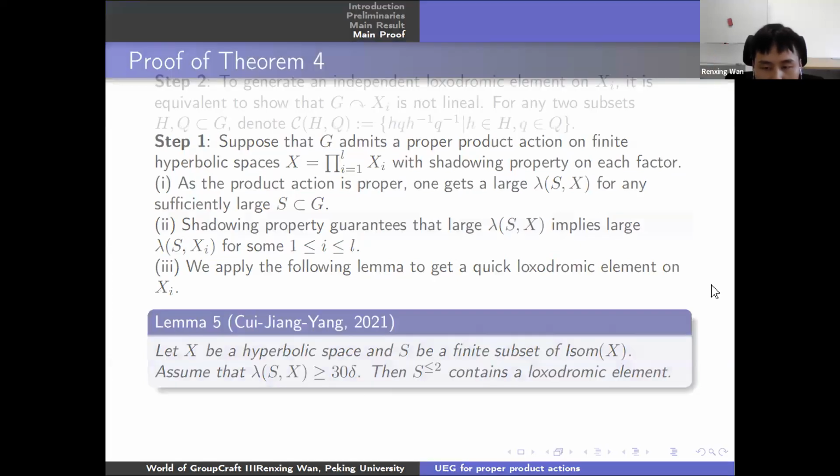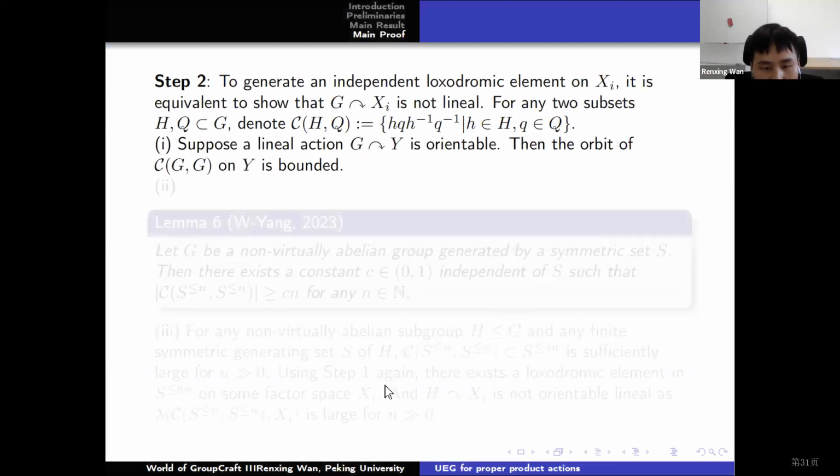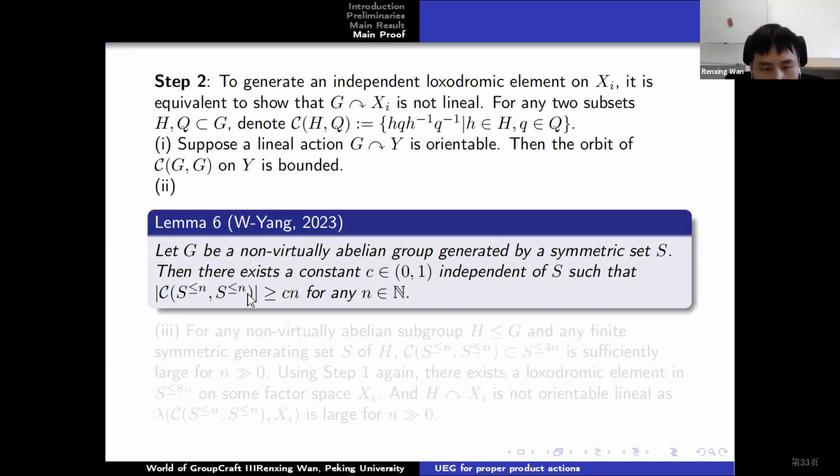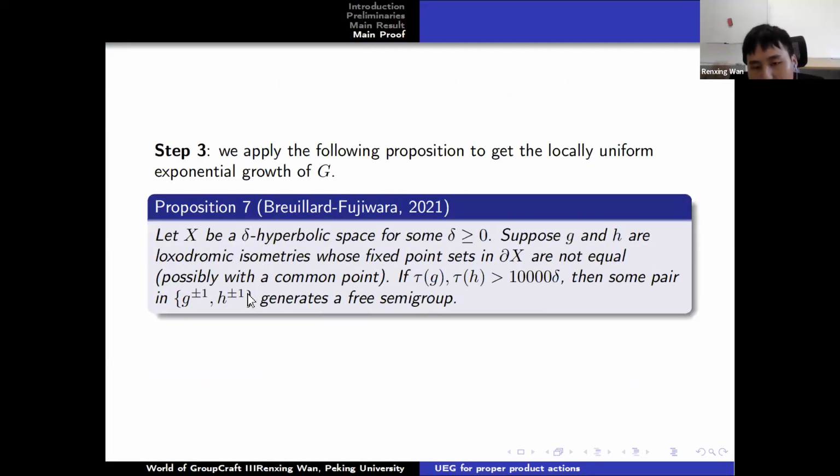So if the displacement of the commutator subset is very large, then lemma 5 can imply that the displacement of the loxodromic g and h will be very large. Then we can apply the proposition to get a free semigroup, and then we can get the local uniform exponential growth. That's the main proof.